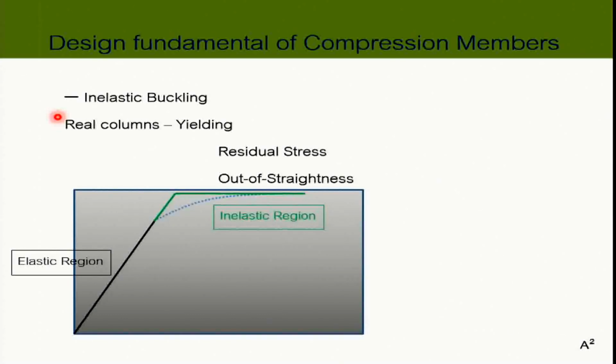Now, when we face the word inelastic, of course, that's the opposite of elastic. So that means either we don't have the linear relationship between stress and strain, or when we unload the structure, it will not go back to its original shape. That means, in other words, there may be some permanent deformation.